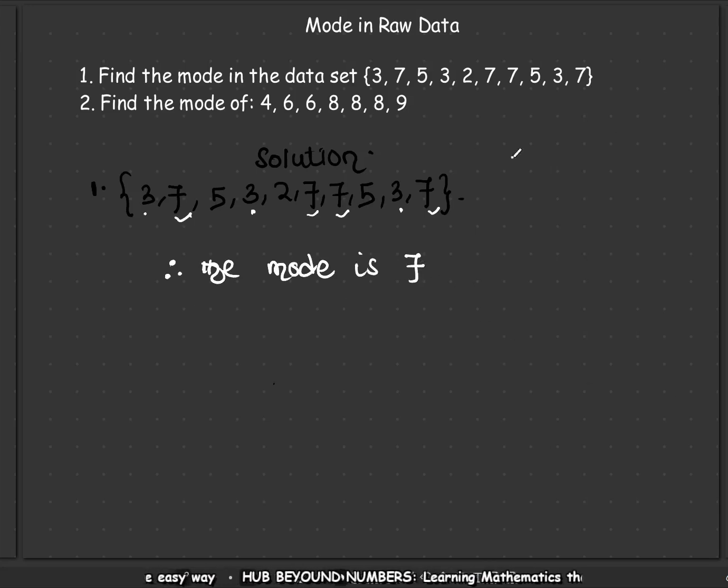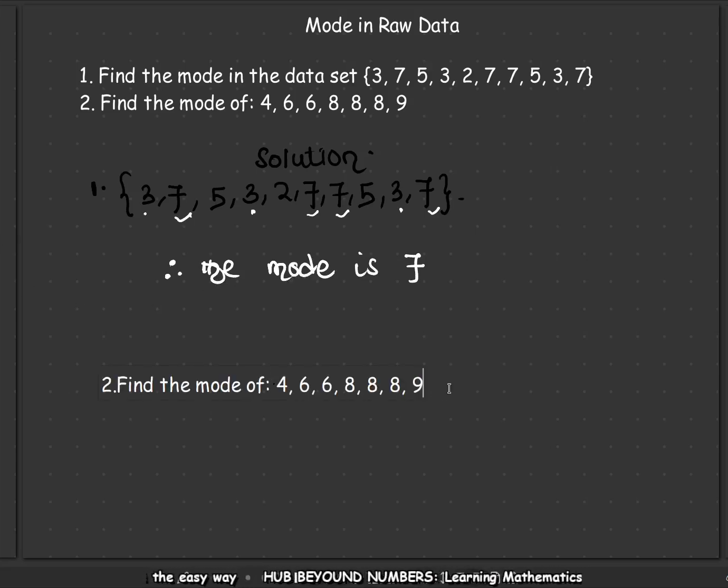So it's very, very simple. If you want the mode of just raw data, look at the data that is most occurring, that has more occurrence, and you are good to go. If you do understand, then I'm leaving this second one as a trial.